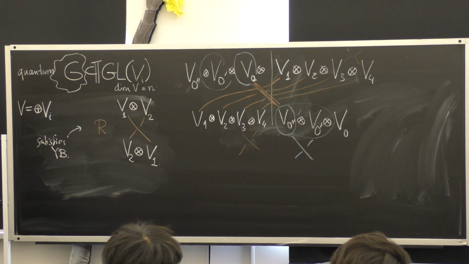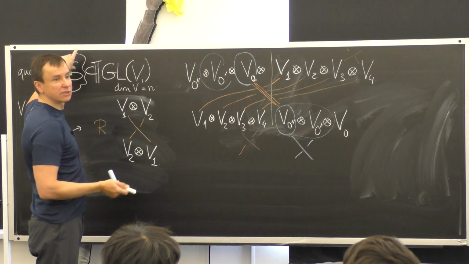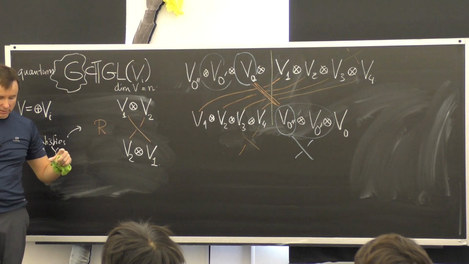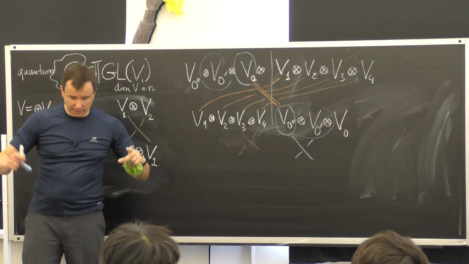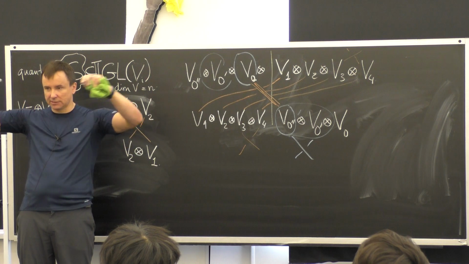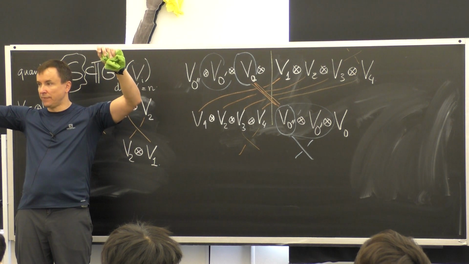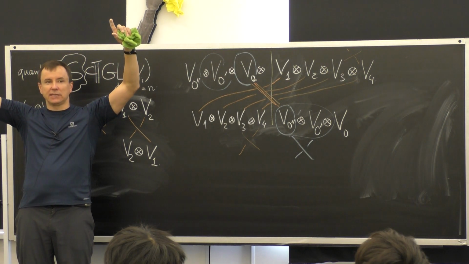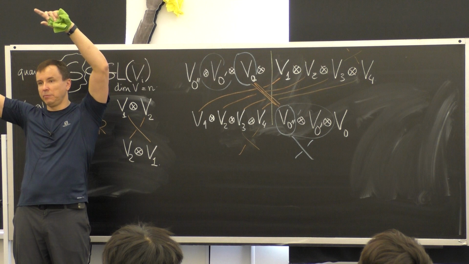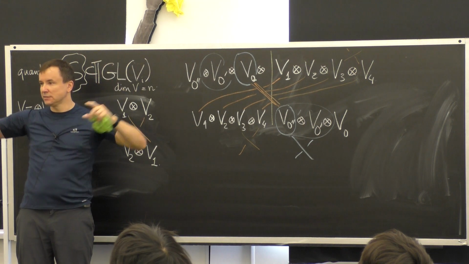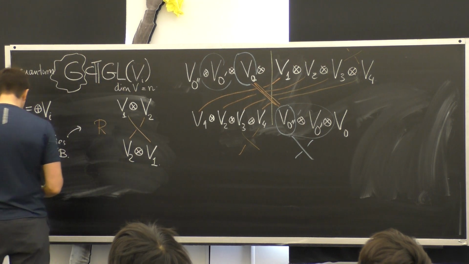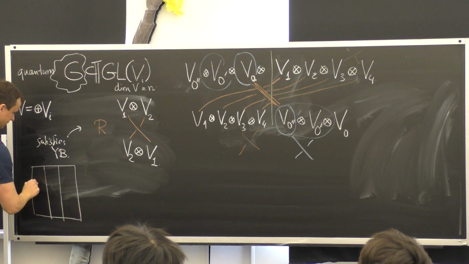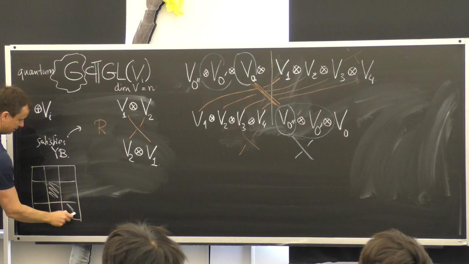So again, what does it mean? When we were talking about the ordinary group, what does it mean that this tensor product breaks up? It breaks up into, say, reducibles. It means that in some basis, I can choose a basis of this tensor product such that my group elements only act here.